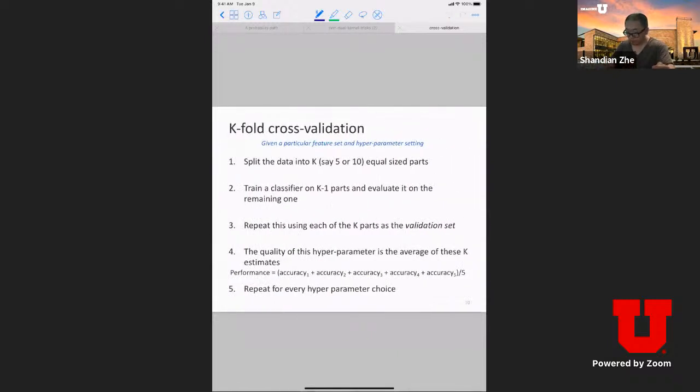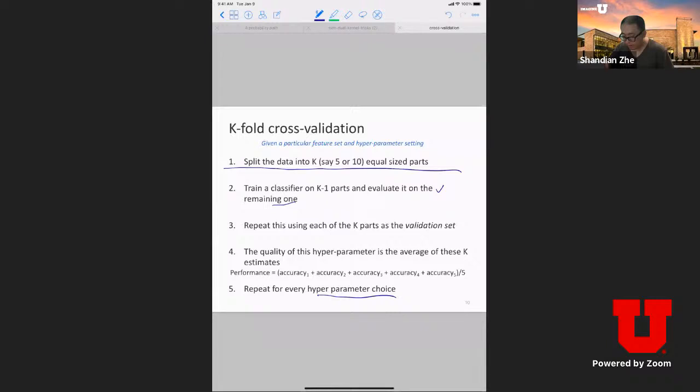Okay, so let me just repeat this again, right, to reinforce. At the beginning, we split the data into k equal-size parts, randomly split. And then for each particular setting or hyperparameter choice, we're going to train a classifier on k-1 parts and then evaluate on the remaining one.